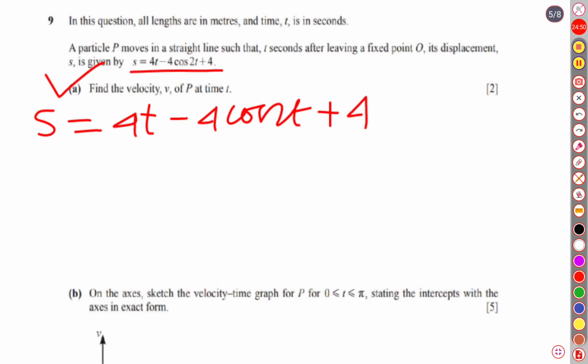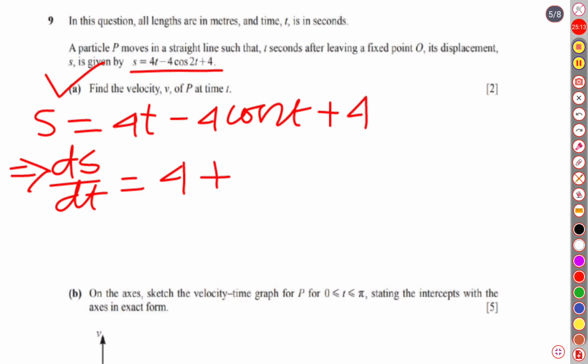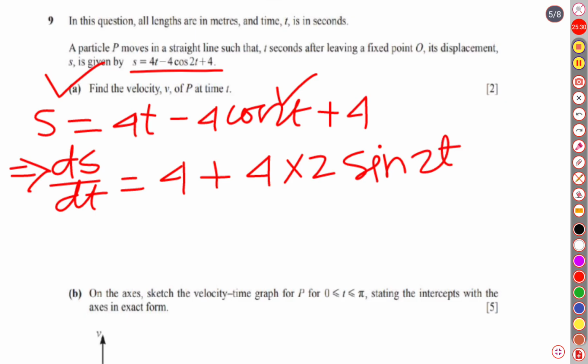And already we have come to know that whenever we convert displacement to velocity, we will have to do differentiation. So ds over dt is equal to the derivative of 4t, which is 4, and the derivative of cos is negative sine, so these two multiply with the coefficient, giving positive 8 sine 2t, and the derivative of 4 is 0, which is unnecessary to be written.